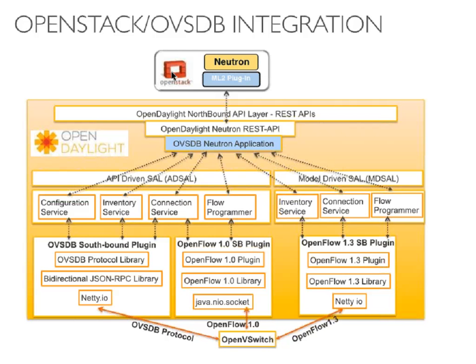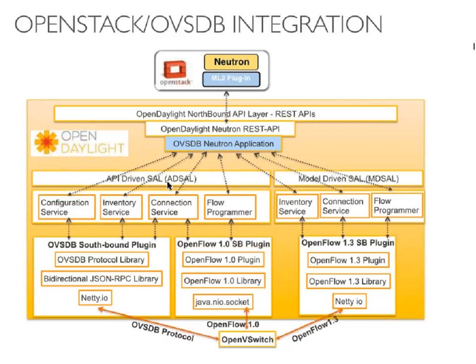So as you can see in the picture here, OpenDaylight is a modular architecture. It's a Java-based plugin architecture using OSGi, where we have multiple plugins acting in the same controller, in the same JVM. As you can see, Neutron is an application of OpenDaylight, which uses the Northbound APIs.